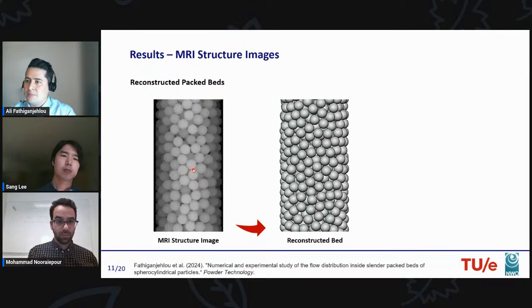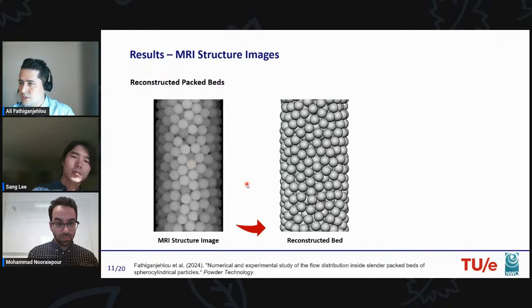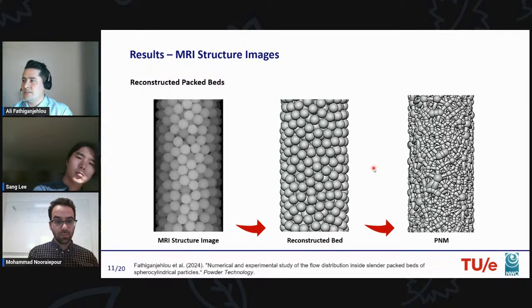We applied a particle detection algorithm on this structure image and obtained the positions of the spherical particles. Using this information, we reconstructed the bed, obtained higher quality images, and extracted the pore network model from it.